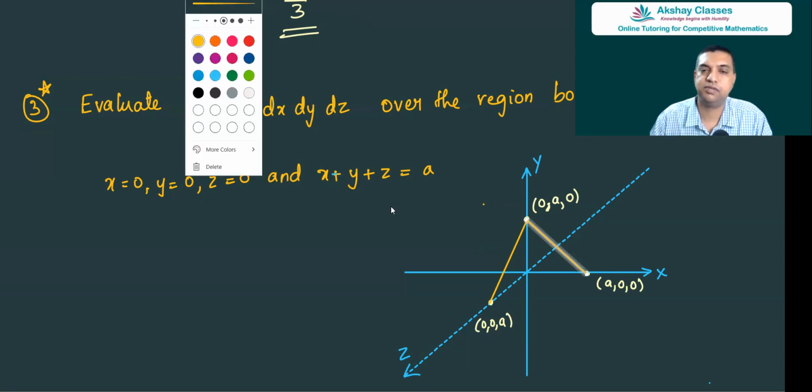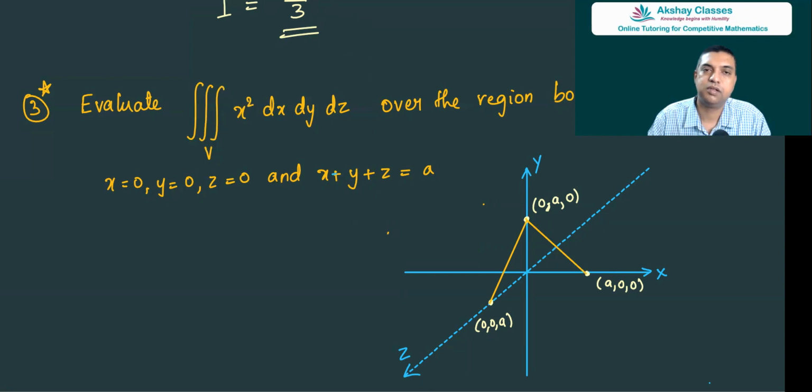And there's a 4th side. Okay. So the region that is bounded is this whole volume. So this is a tetrahedron.